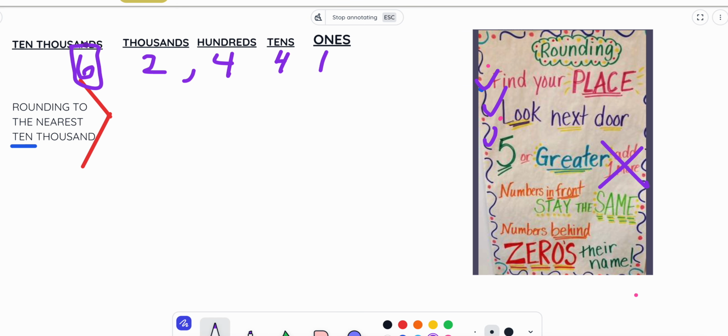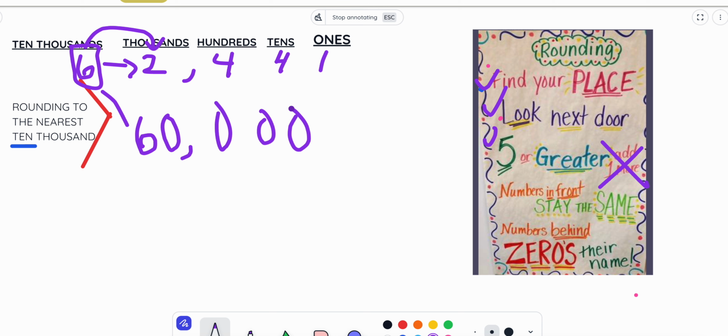Find your place. Look next door. Is that 5 or greater? Nope, I don't need to add one more. Numbers in the front stay the same. There's nothing in front of it, but numbers behind it, 0 is their name. 0, 0, 0, 0. I just rounded to the nearest 10,000.